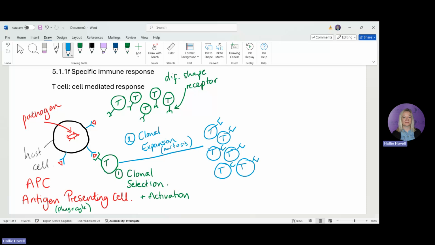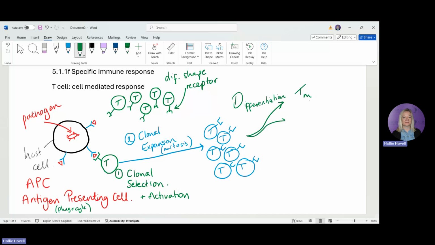Now we need them to differentiate because they're all the same at the moment, and we need them to differentiate into different types of T cell. Okay, so this next step is called, obviously, differentiation. Okay, and it's going to make different types of T cells. So some of them will become T memory cells.